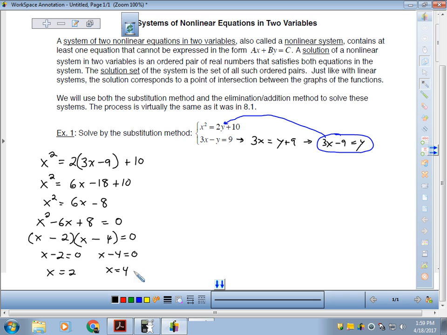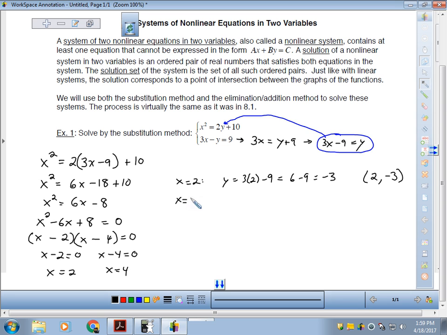So that means we have two potential solutions. Now that we have the x's, we can find the y's by plugging back into this equation. When x is 2, y equals 3 times 2 minus 9, which is 6 minus 9, which is negative 3. So my answer is 2 comma negative 3.